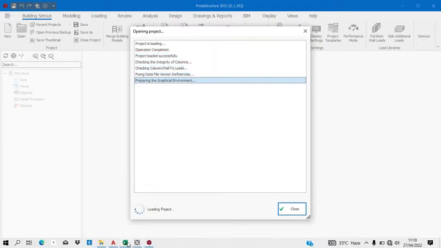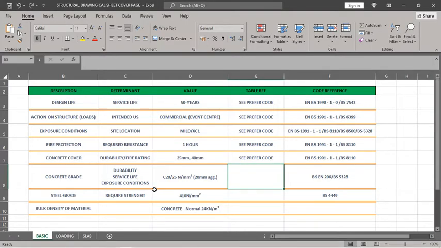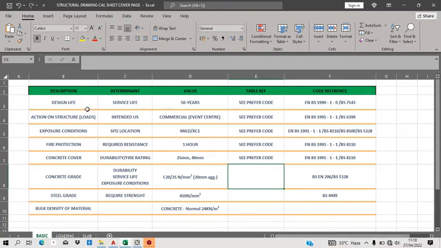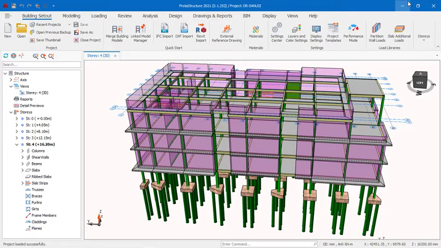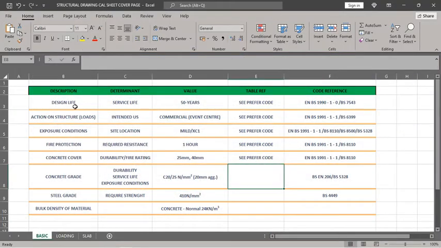But I will take the liberty, for the sake of undergraduates that might be seeing videos, and for a refresher for even practicing engineers. So the first thing is the design life, and the determinant is service life. What is the expected service life for the building?